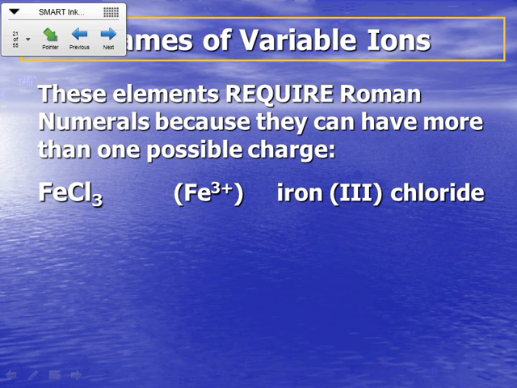If there are 3 of those, each with a 1- charge, so I've got Cl-, Cl-, Cl-, and this thing has to balance out so that it equals 0 when I add them together. What does the charge on my Fe have to be? Has to be a 3+. Does that make sense? Okay? I think that's the better way to think about it. It's not the easier way, but I think it's the better way because there are a couple of situations where this will get you in trouble.